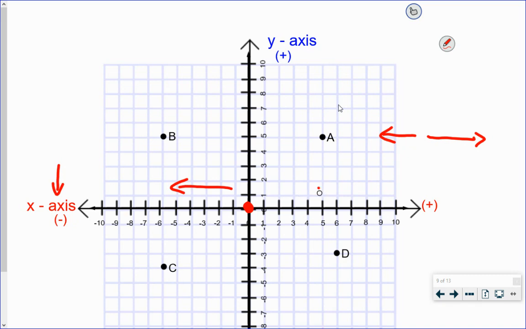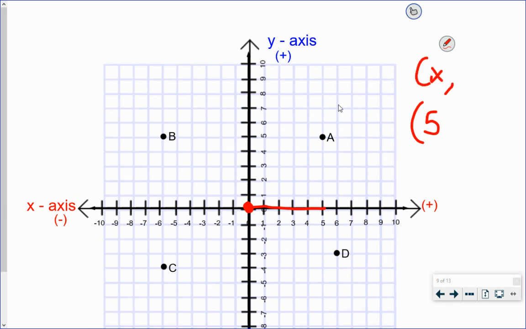Now we got to figure out how many places we go right to get to that point. Okay? So first we start here and we go right. Well, how do we get to A? We got to go right 1, 2, 3, 4, 5. So X is going to be 5.